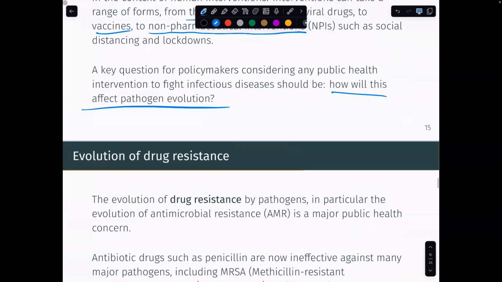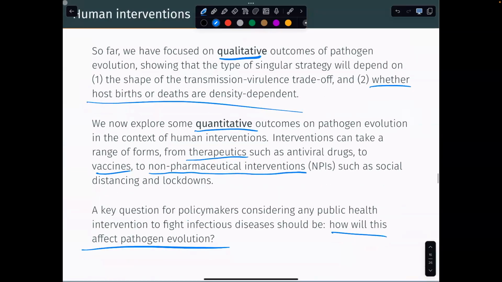I will say, though, public health policymakers don't necessarily factor in long-term evolutionary outcomes in their decisions. Even epidemiological outcomes, what a model predicts is the best thing, isn't necessarily what is going to be put in place. So, for example, it might be advantageous to reduce total disease deaths if you vaccinate young people who are mixing a lot.